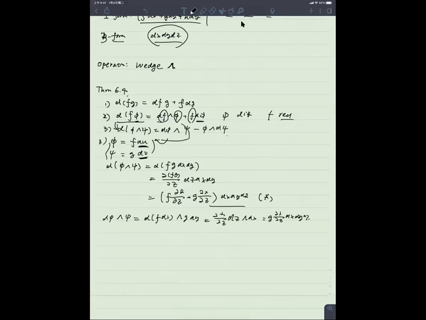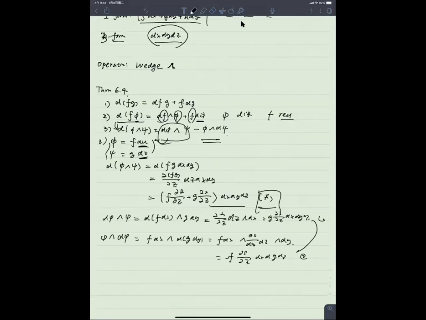And so we have this, and the next is to prove this. So we can add these together, 1 and 2, and we see it is exactly the same as the star. So this theorem has been proved.